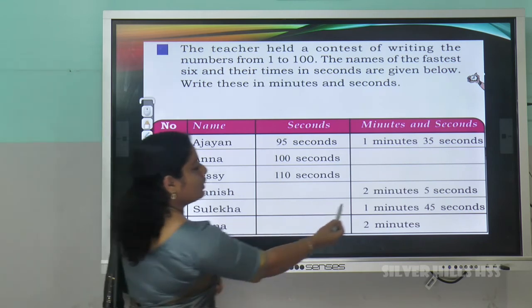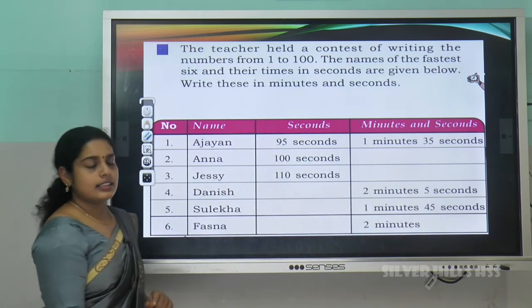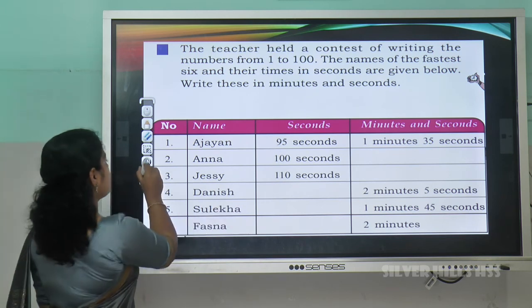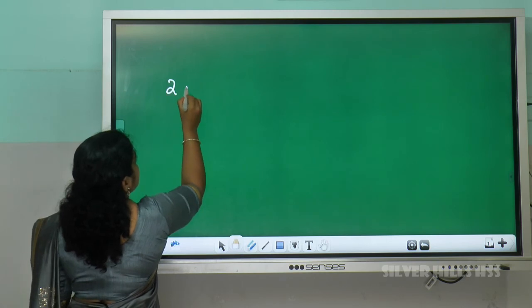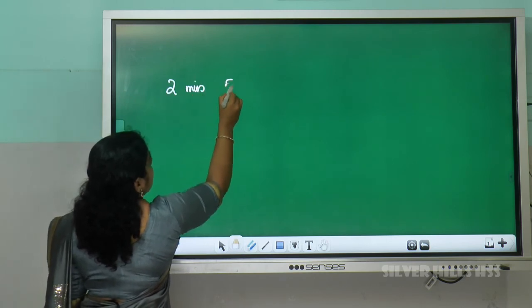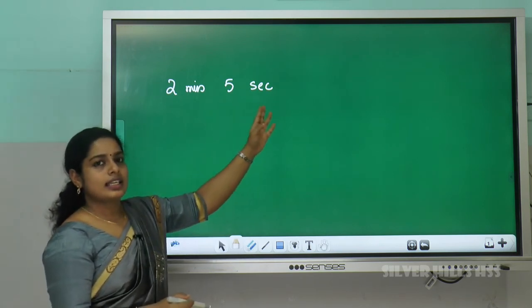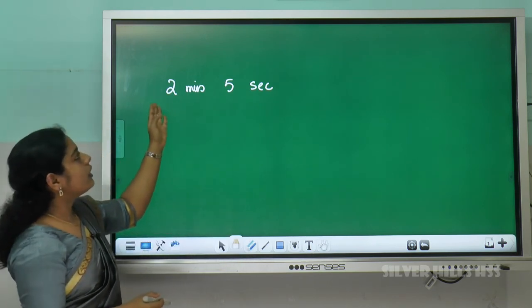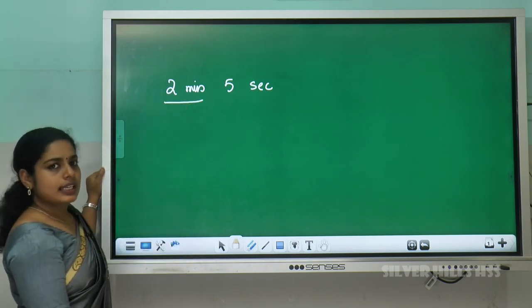Here we have 2 minutes and 5 seconds. We need to find how many seconds it is. 2 minutes, 5 seconds. Okay. Here 5 seconds means it is already in seconds, so don't bother about that. We'll just convert this 2 minutes into what? Seconds. Okay.